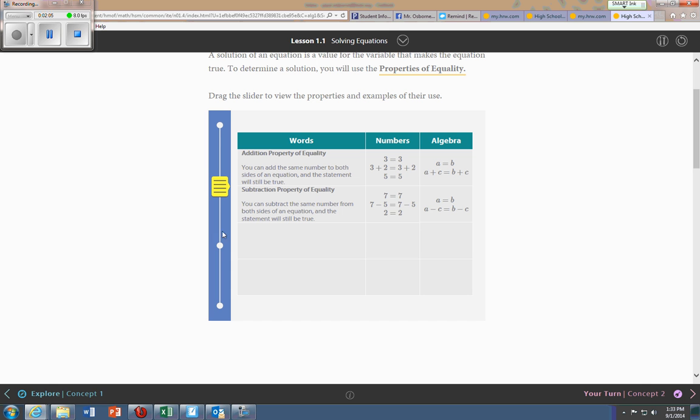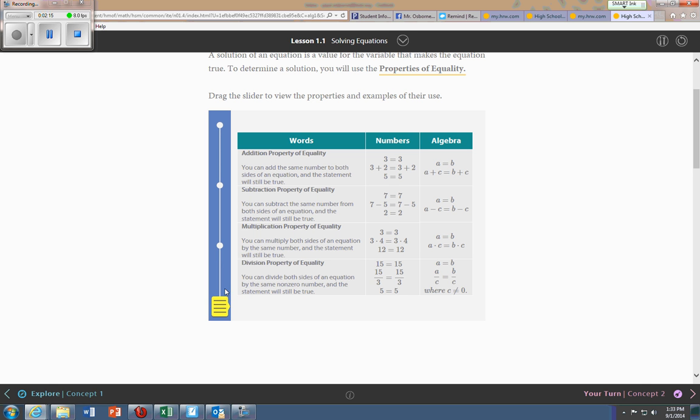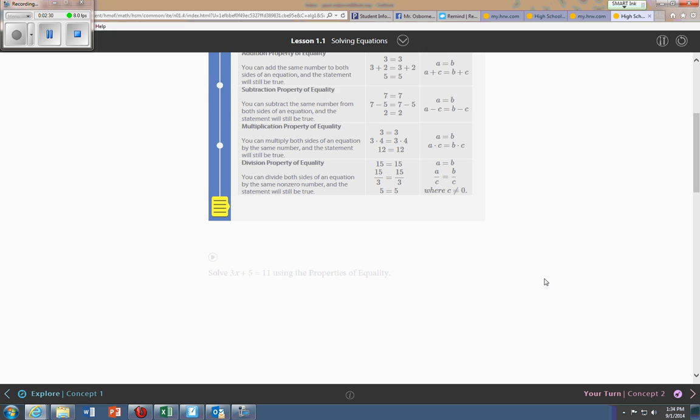Or I can subtract the same thing from both sides, or multiply both sides by the same thing, or divide both sides by the same thing, and keep the equation true. All this is saying is that I can add, subtract, multiply, divide the same thing to both sides of an equation, and the equation will still be true, which is our goal. We always have to keep our equation true.